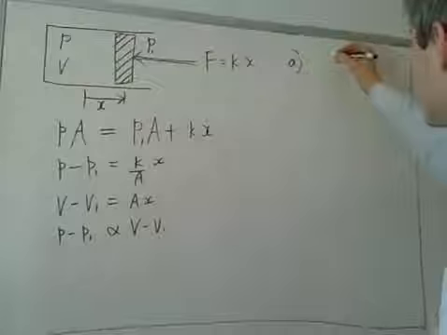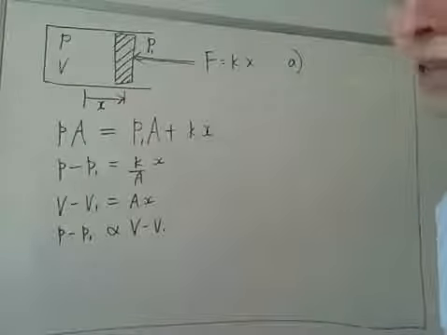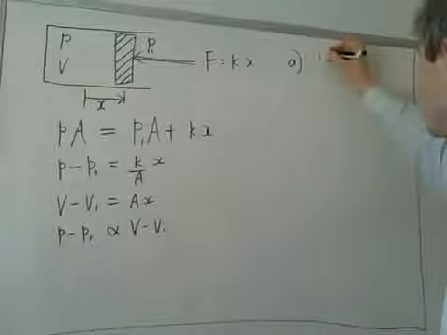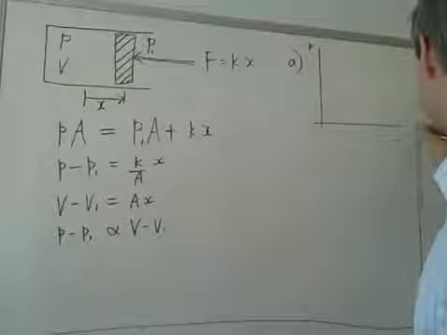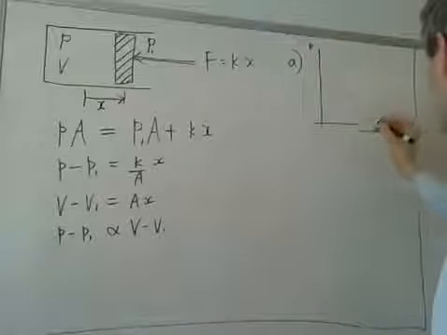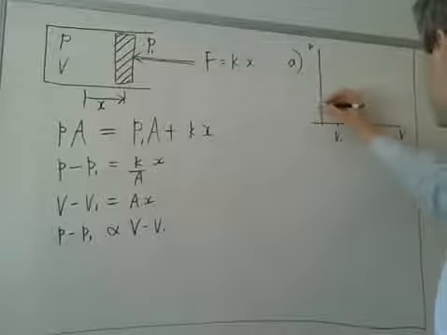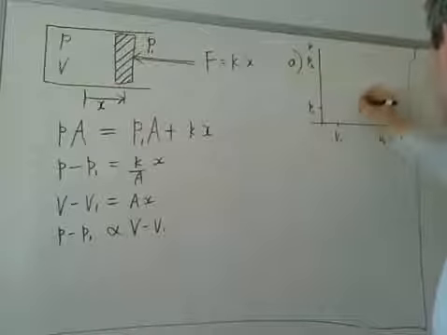So if we plot the PV diagram, maybe have a go at doing that yourself before I show you. But it will look like this. This axis is P, V, initial V1, V2, P1, P2.